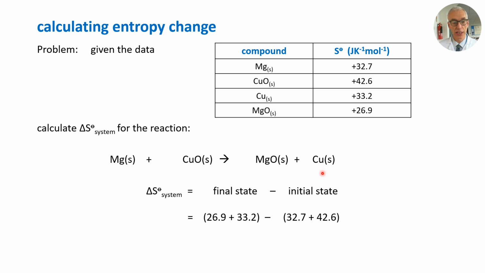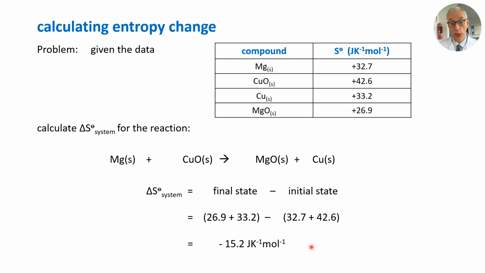My initial state, the entropy of solid magnesium and of copper oxide. Simple arithmetic gives me minus 15.2. So there's a negative change. There's a decrease in entropy as we go left to right.